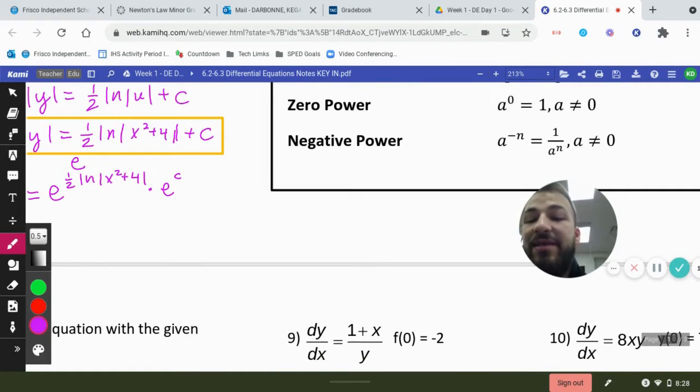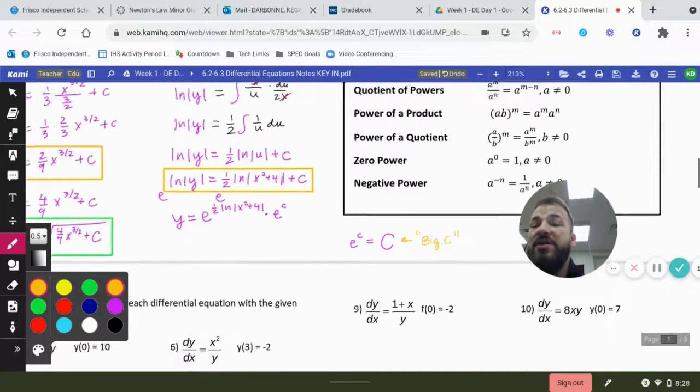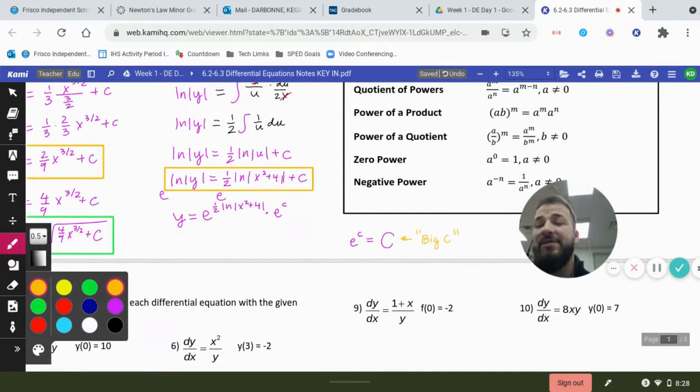E to the c is what we refer to as big C. And Miss Reichard, when you have her in BC Calculus, she's going to get mad at you that I call it big C. But I call it big C because I think it's easiest to remember.